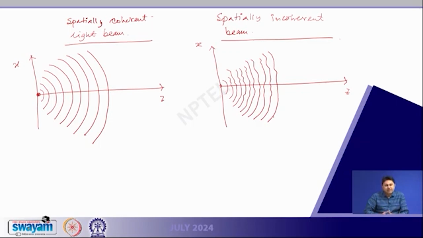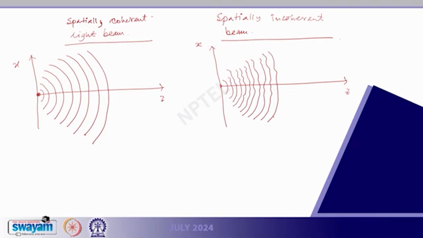That is a major criterion: if two lights interfere, they will produce a very nice looking fringe, and this will happen when they have the coherence property.